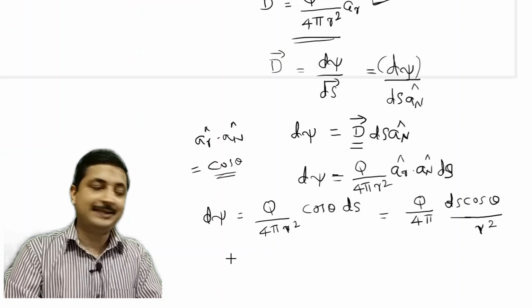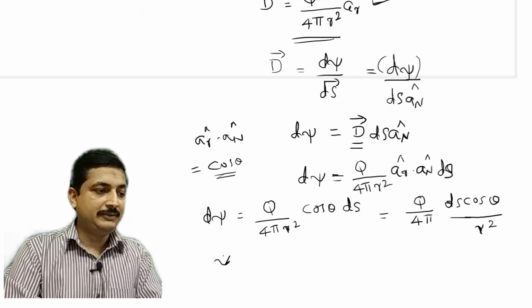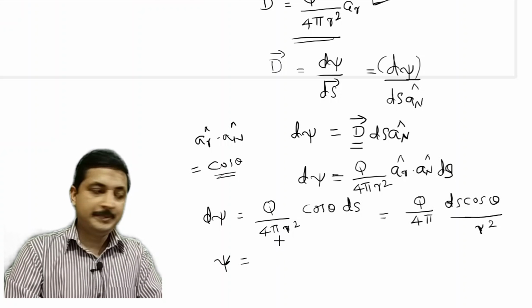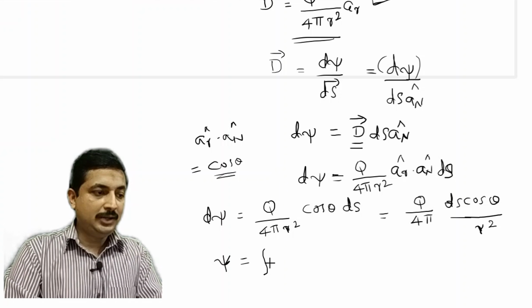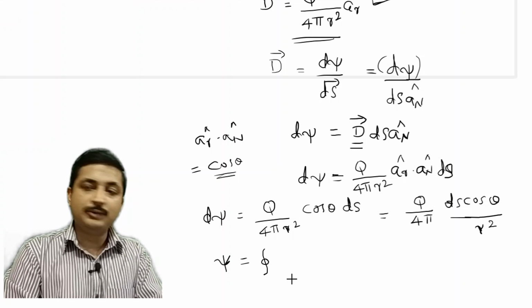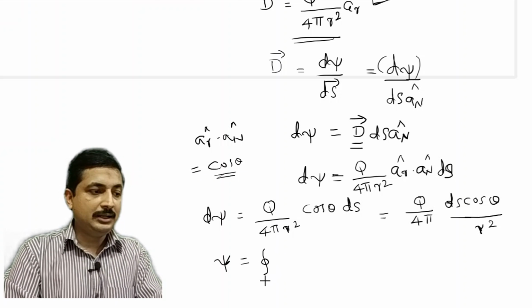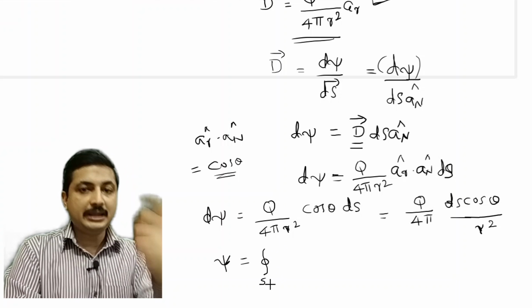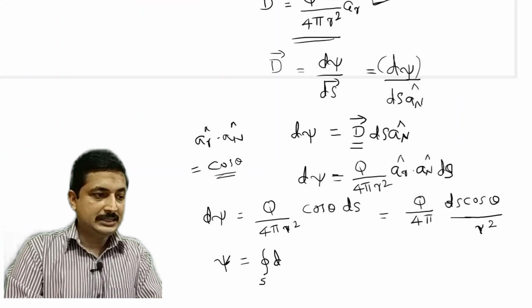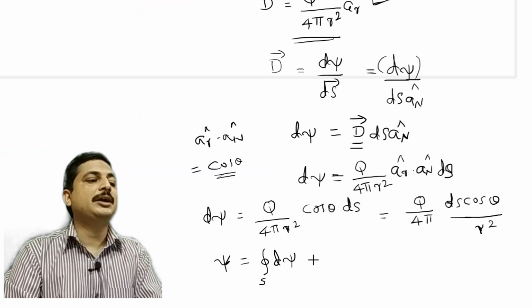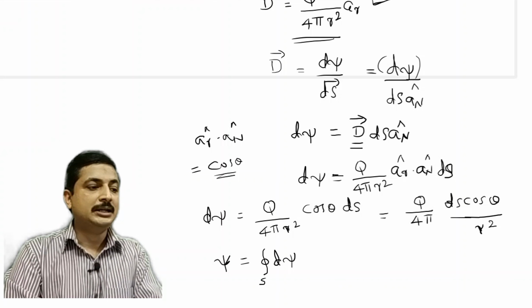So how can I calculate that? My total flux psi will be the integral over a closed surface. This is how we write a closed integral, right? Integral over a closed surface d psi. So if I integrate this d psi over a closed surface, I am going to get the total flux.